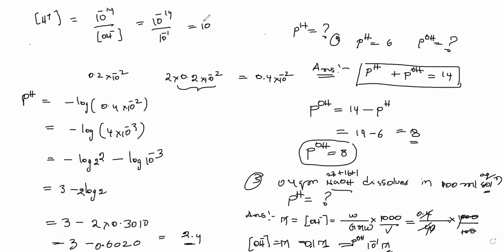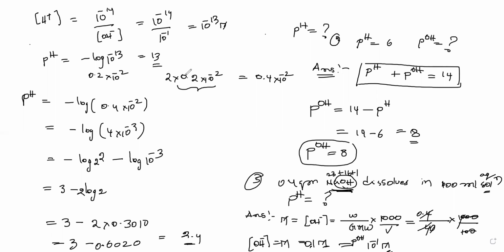Then we get 10 to the power of minus 13. Finally, pH is equal to minus log 10 to the power of minus 13, so we get 13. That's why the pH of the given solution is 13, because it's a base. We know this is a base which gives OH minus.